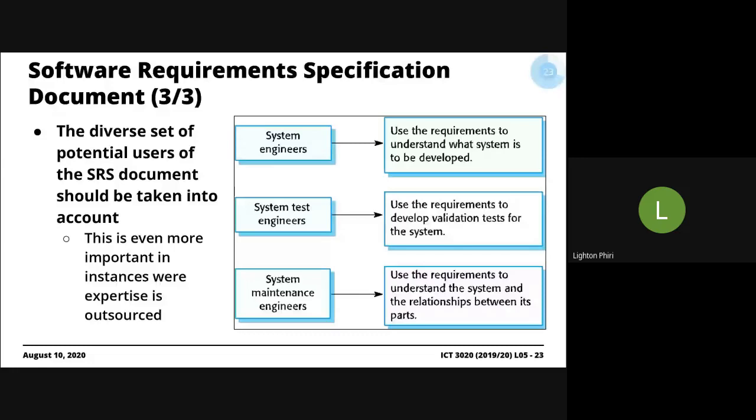System engineers, right? So if you're developing a software for a large organization, it's almost always the case that that large organization will have an IT department, right? An IT department that has people that are knowledgeable when it comes to software development. And so those particular types of users will be able to understand the system requirements, for instance, right?